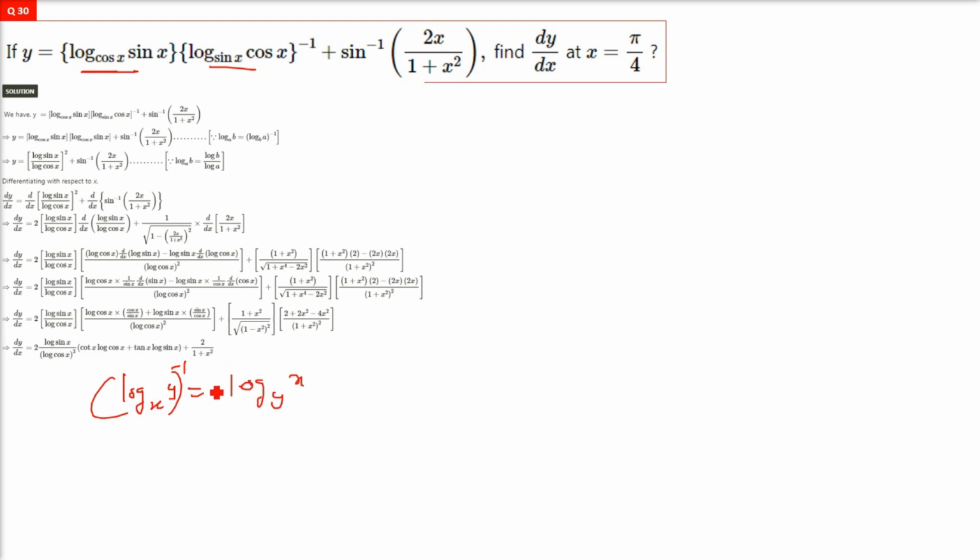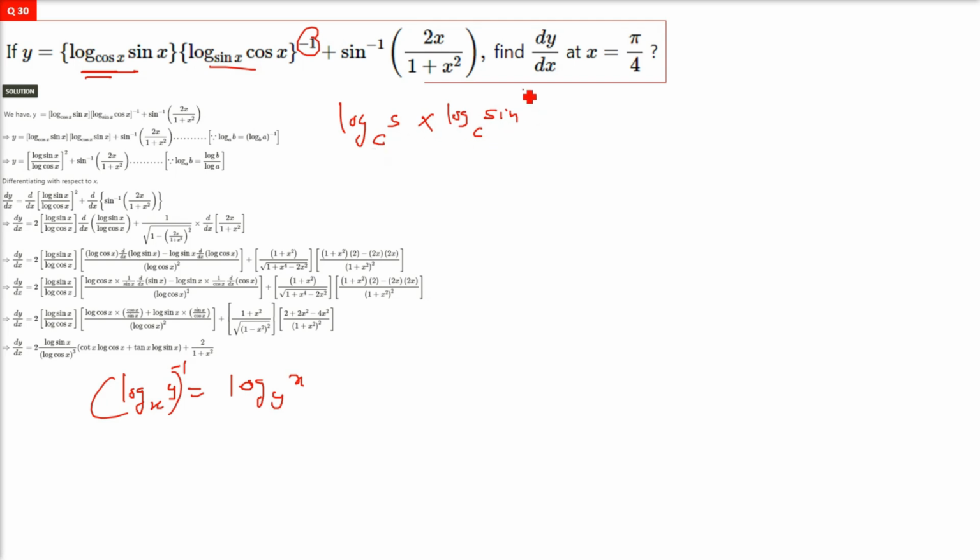It is log of x with the base y. So log base cos of sin, and since we have this as inverse, we can just write it as log base sin of cos, the positions will change.